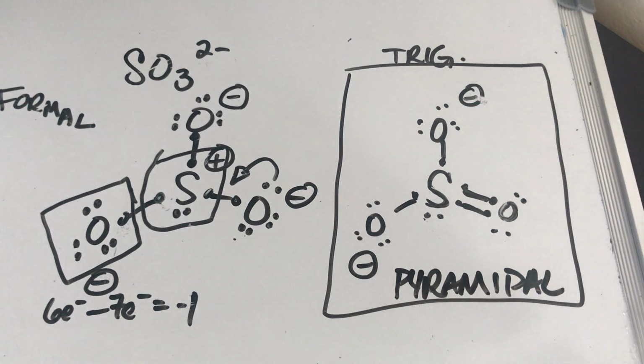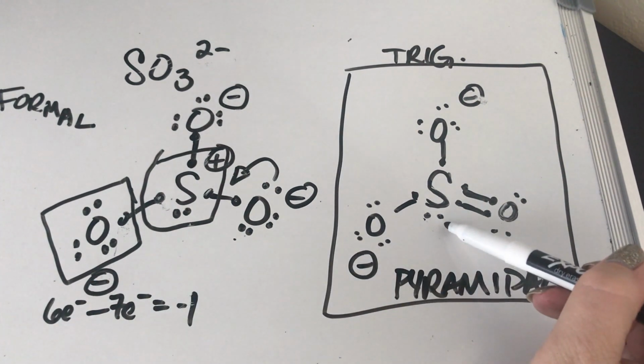So we have all the same attached atoms, right? So no asymmetry there. What's the other way that we can have asymmetry? Lone pairs. Exactly, Rochelle. Do we have lone pairs? We got a little lone pair right there, right? So we have asymmetry.